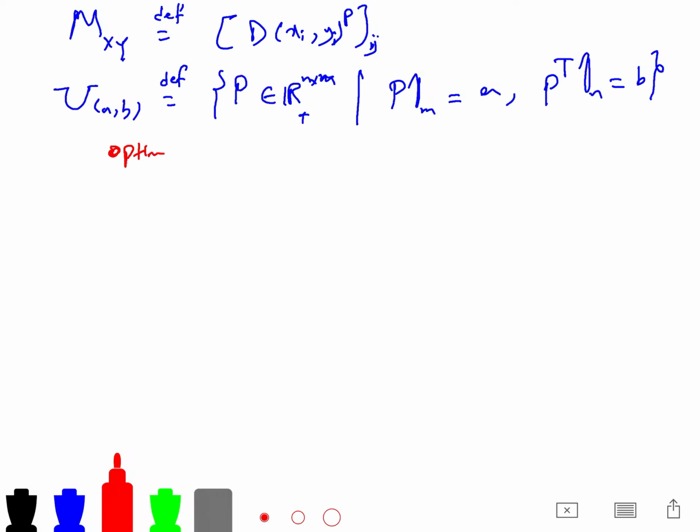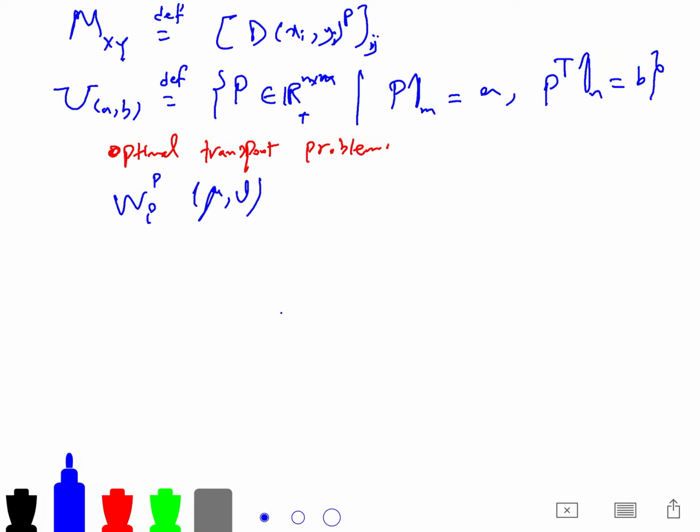So the optimal transport problem can be written as this one. The Wasserstein distance between two measures, probability distributions, is the minimization of the inner product of two matrices.